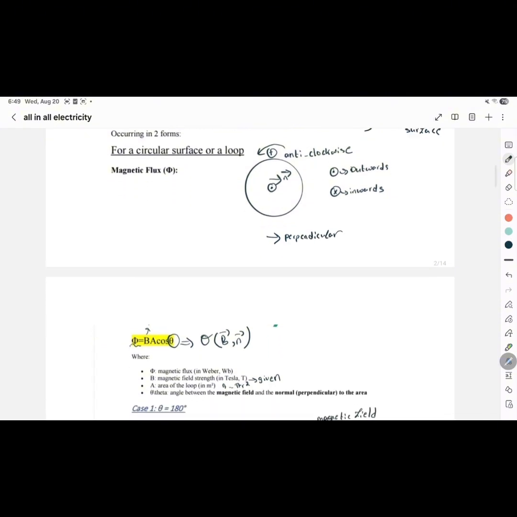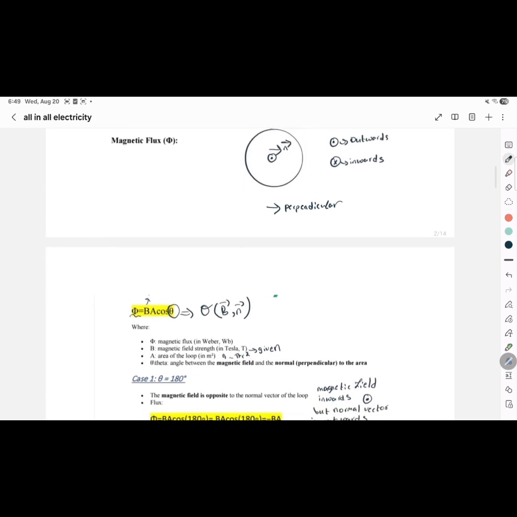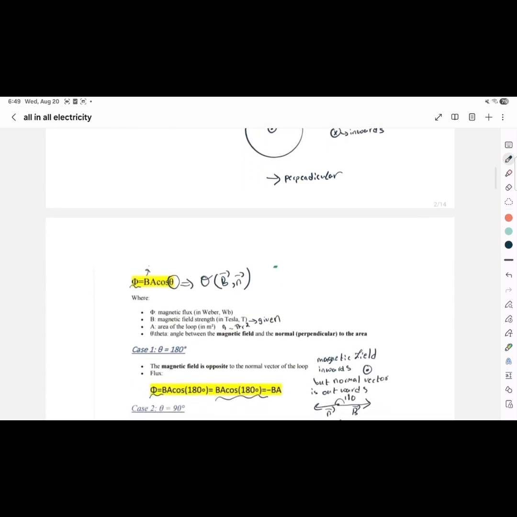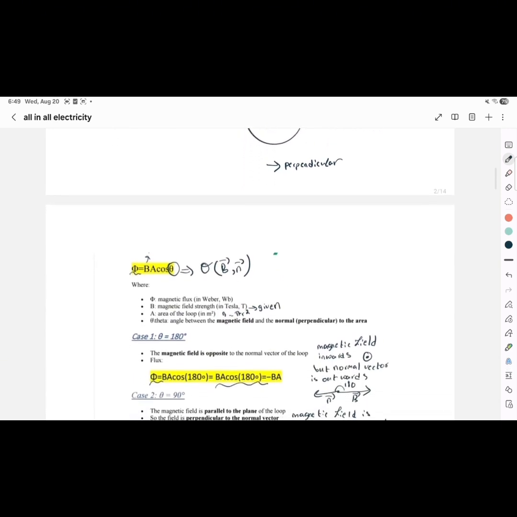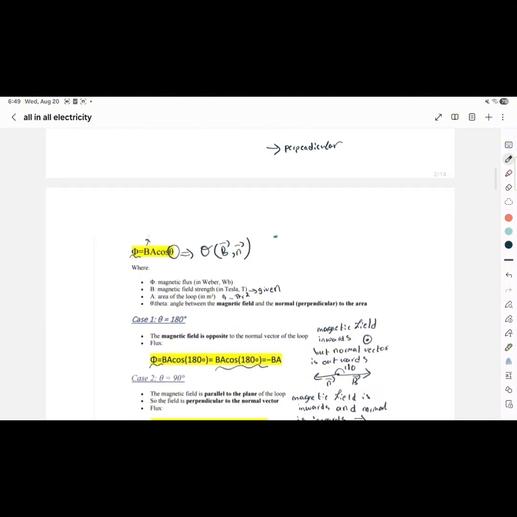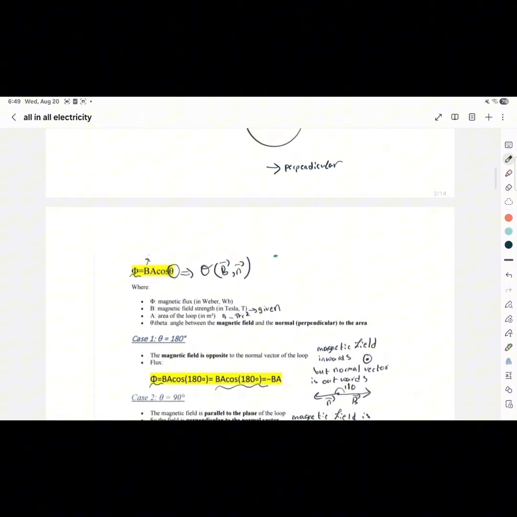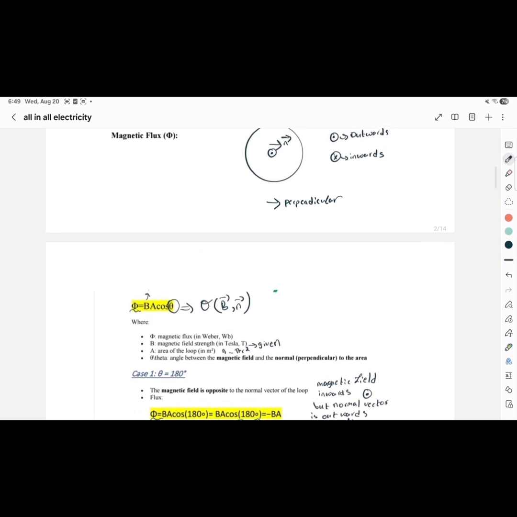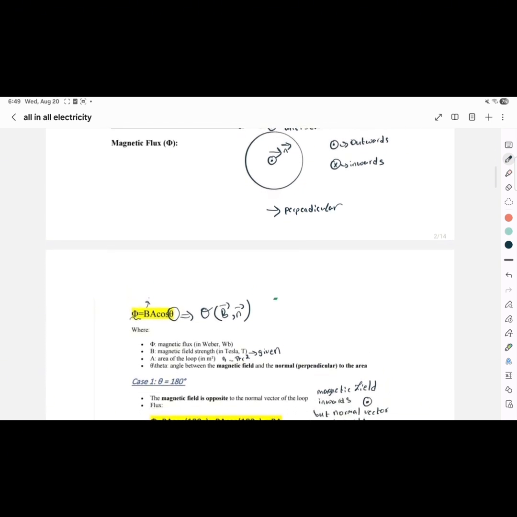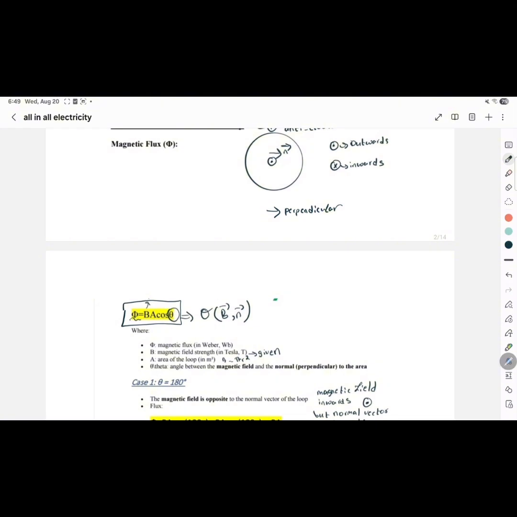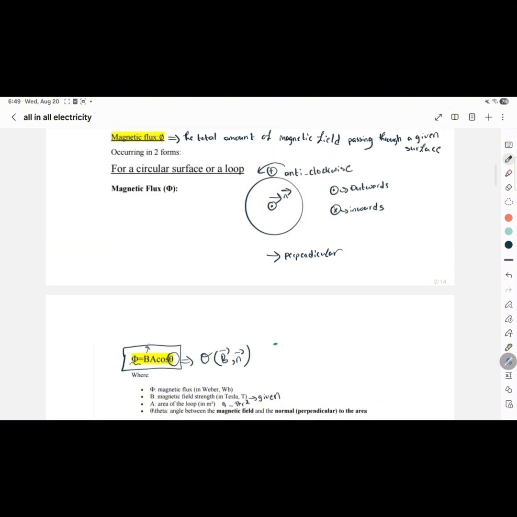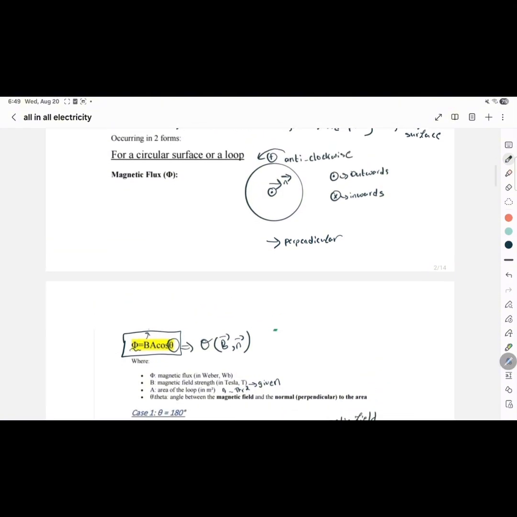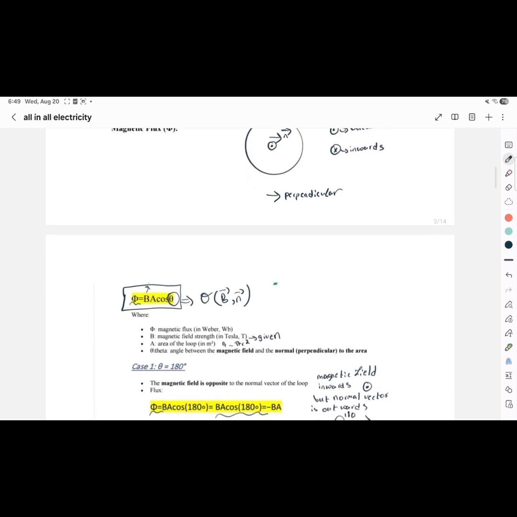And the magnetic field is either opposite to the normal vector or parallel to the normal vector. And the rule for the magnetic flux is this one. When do we use it? We use it when we're talking about a circular surface or a loop.